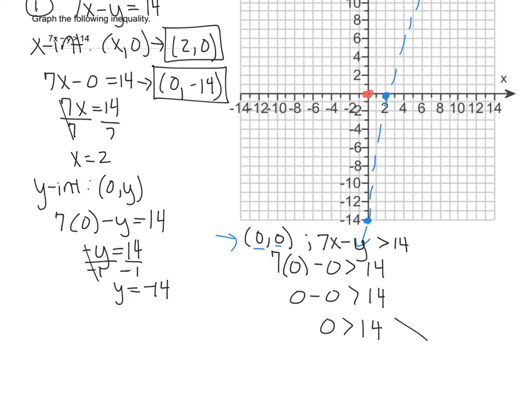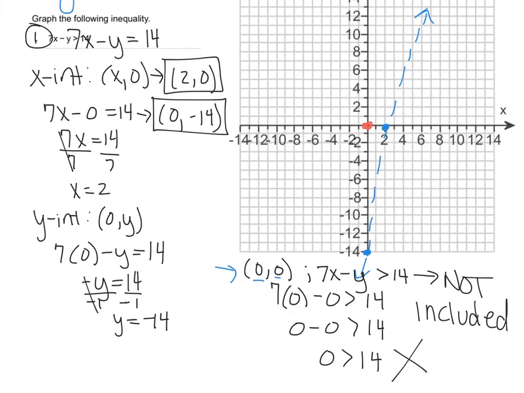Now this is not true. 0 is not greater than 14. So the test point is not included in the solution. So that means that I'm going to shade on the other side of the line that does not have the test point.